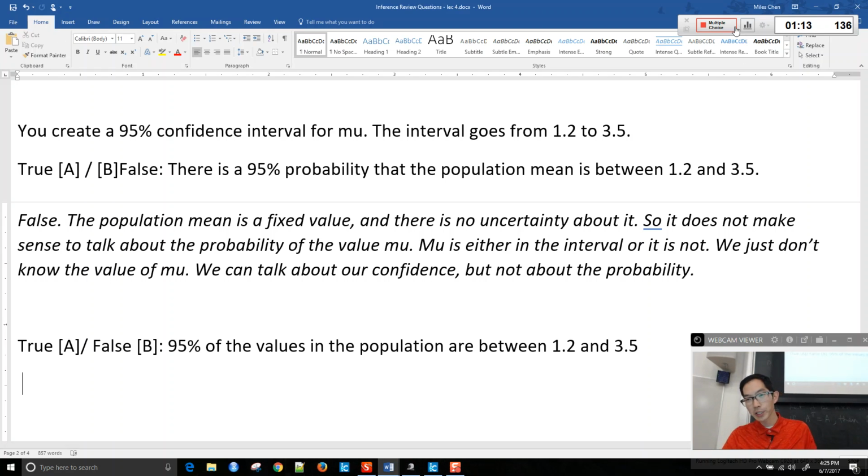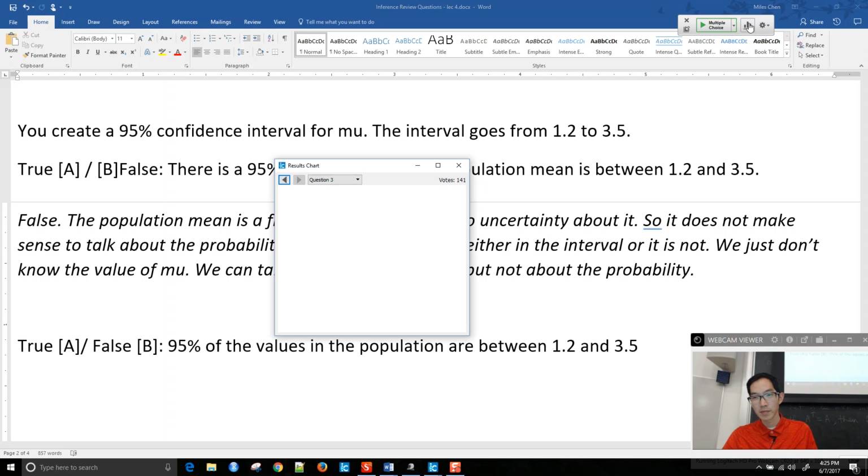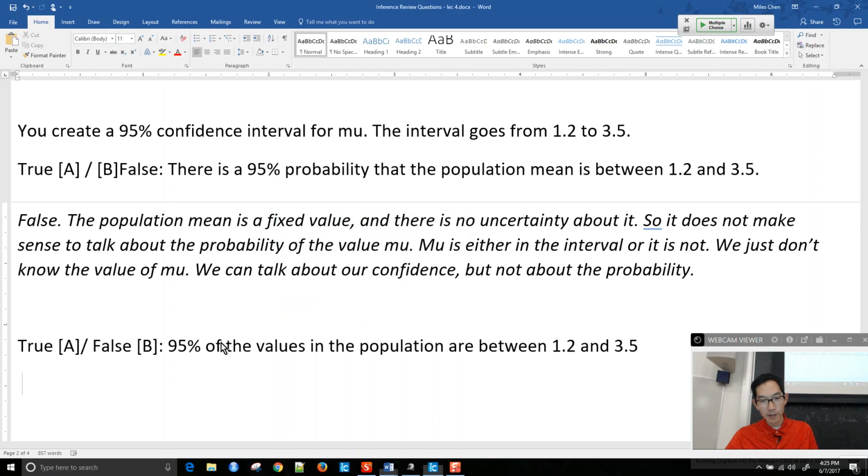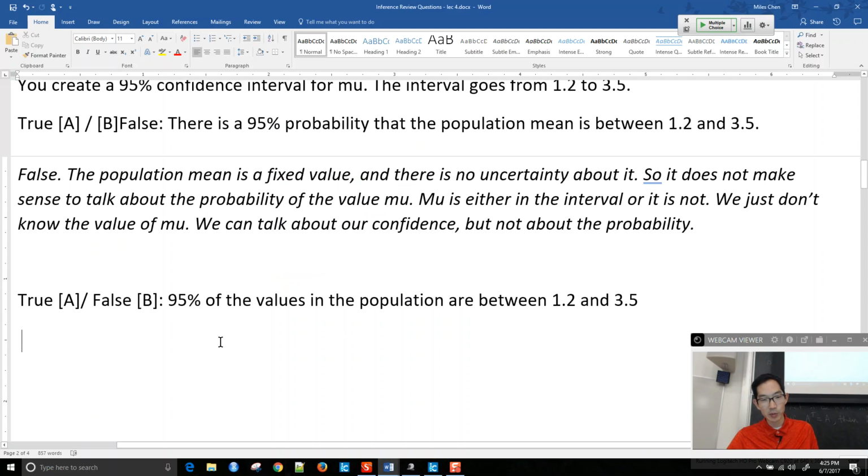I'm going to click stop here. Get your clicks in. Let's take a look. The answer is indeed false here. This is not true.